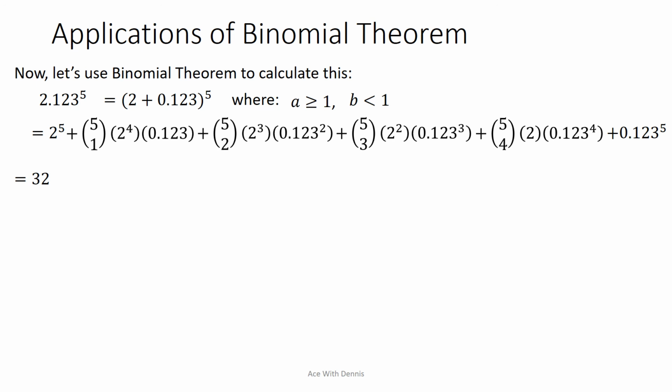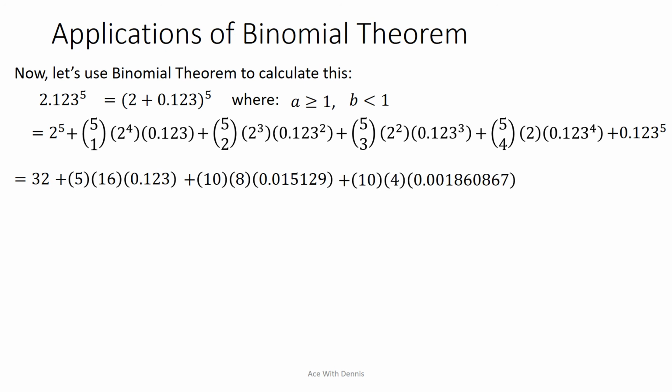Then we go and find the answer. 2 to the power 5 is 32, the second term is 5 times 16 times 0.123, the third term is 10 times 8 times 0.015129, and we continue to get the remaining numbers. Now, what do you notice?